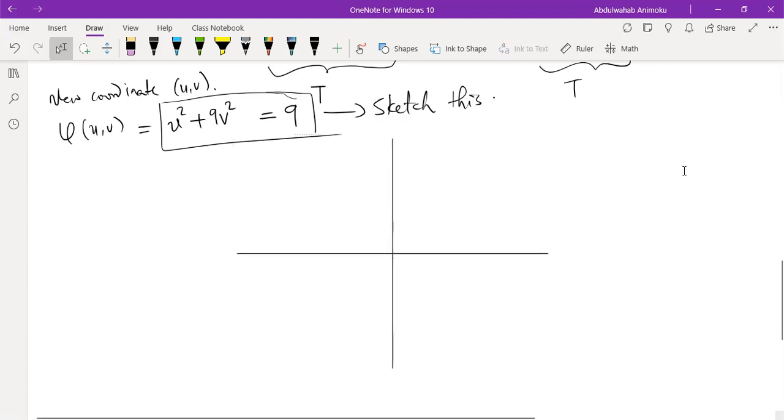So this is the original coordinate xy in which we are supposed to sketch this function, but we know that we couldn't sketch it in this coordinate. So now we are switching to the uv coordinate system. The first thing we need to understand is that this new coordinate is just a coordinate.